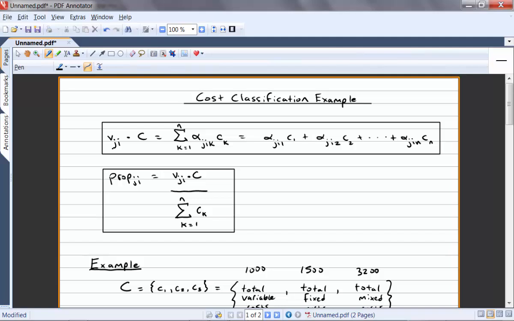The second formula gives us the proportion of the total costs that are assigned to cost object i using weight vector j. So it's just the costs assigned to cost object i using weight vector j in the numerator divided by the total costs in the denominator.